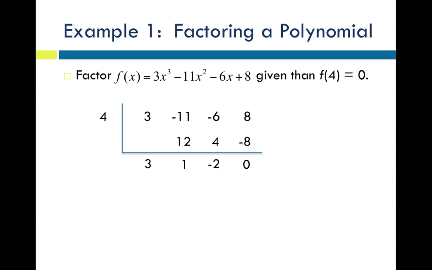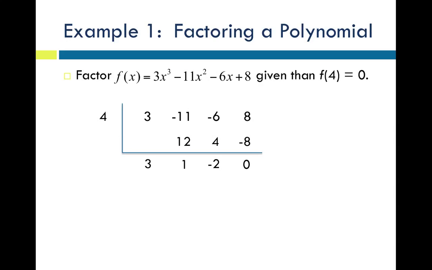Now that should make sense, because even numerically, we say that a number is a factor of another number when it divides evenly, meaning we can divide it and it has no remainder. So the same thing happens with polynomials.